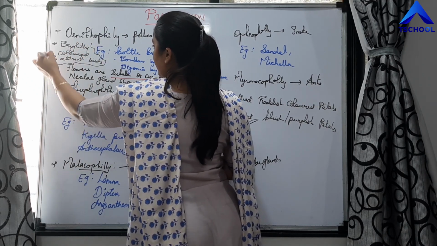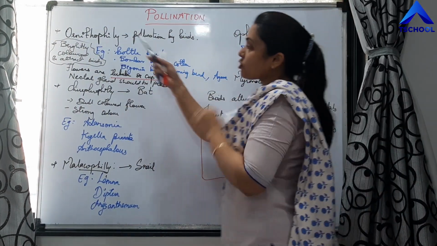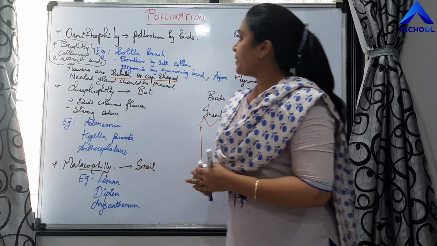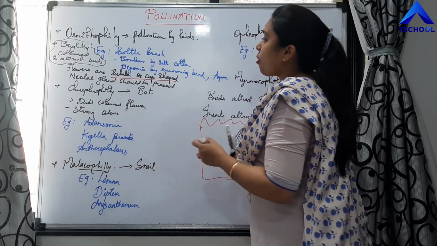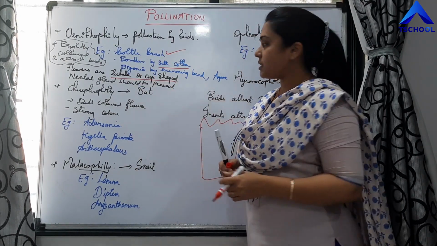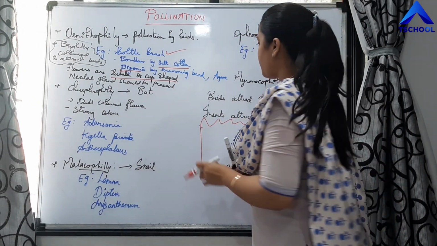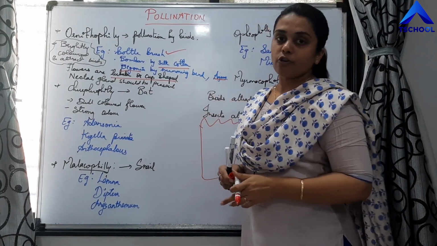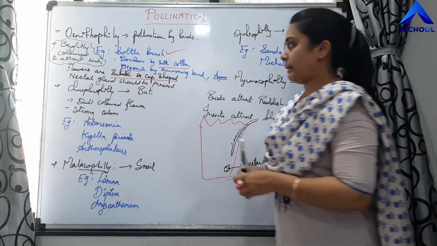You have to remember the examples of ornithophily, that is pollination by birds. Bottle brush, right? Bombax, the silk cotton plant, and Bignonia, where pollination is done by hummingbird. Agave is also a plant where pollination is done by birds, that is ornithophily, right?